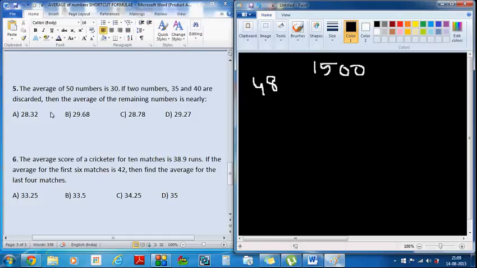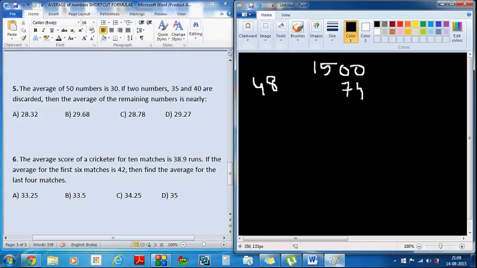Two numbers are discarded, so I will discard 35 and 40. After discarding, the sum will be of the remaining numbers. So 35 plus 40 will be 75, and I will discard it from 1500.